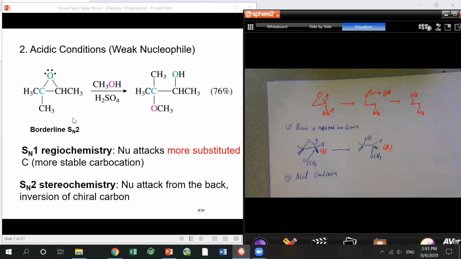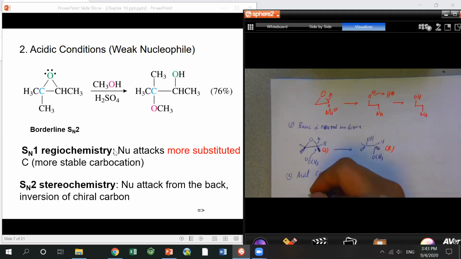In other words, stereochemistry still follows SN2, so back attack, but here it attacks the more substituted carbon. That actually follows SN1-like behavior, where more substituted, like tertiary followed by secondary, is preferred over primary. So why is that?